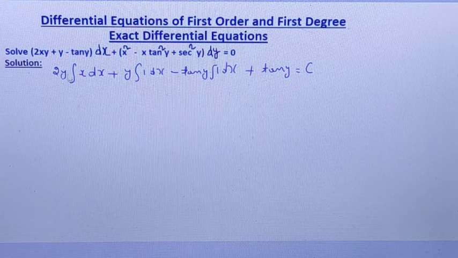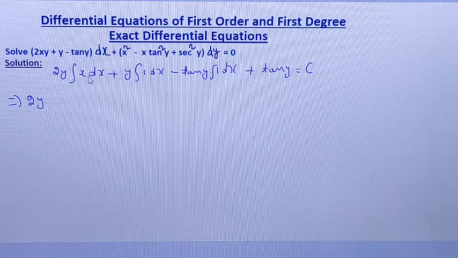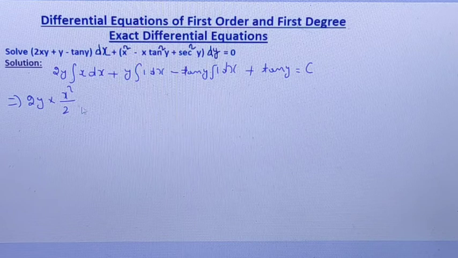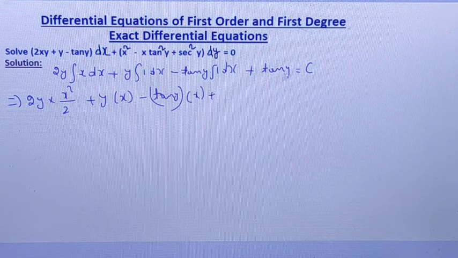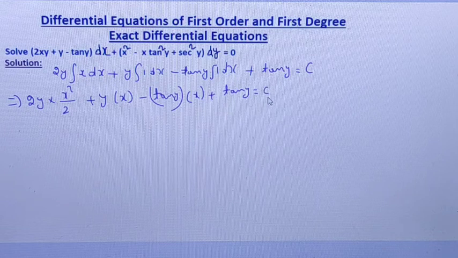So this implies 2y times the integral of x dx, which is x^2 by 2, plus y into the integral of 1 dx, which is x, minus tan y into the integral of 1 dx, which is x, plus tan y is equal to c.